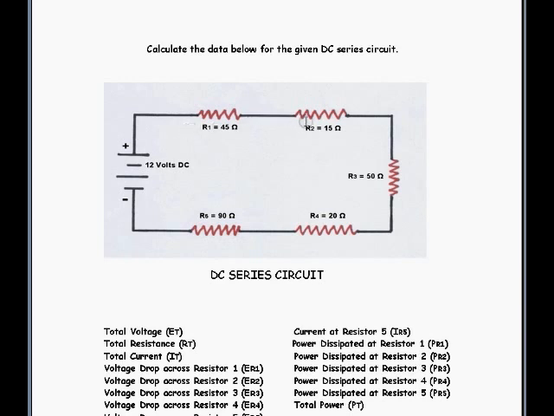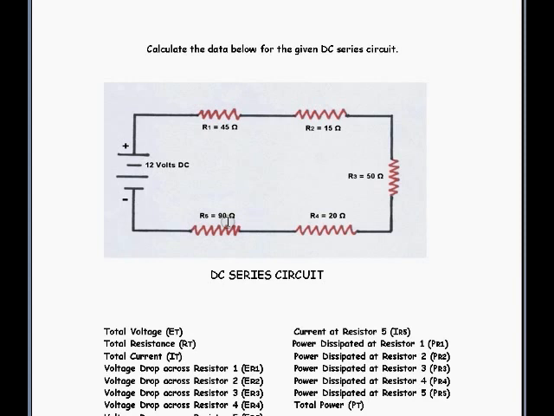So the next step is to solve for the total current in this given circuit. E is equal to I times R. We solve for I, so that would be E divided by R. We know the total voltage is 12 volts. We would then divide that by the sum of these resistors.